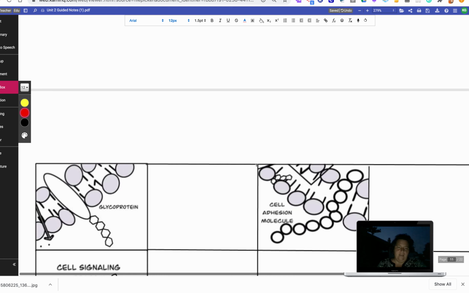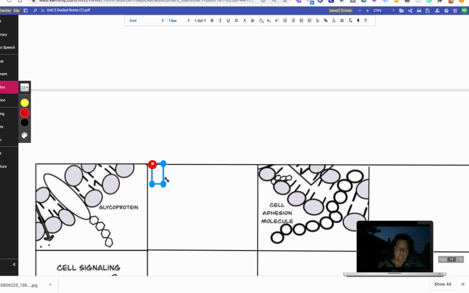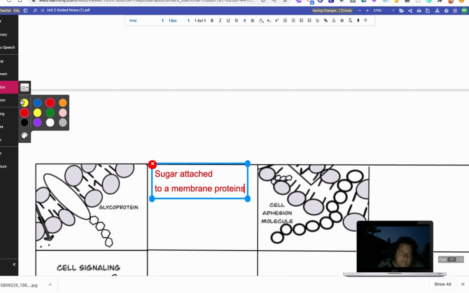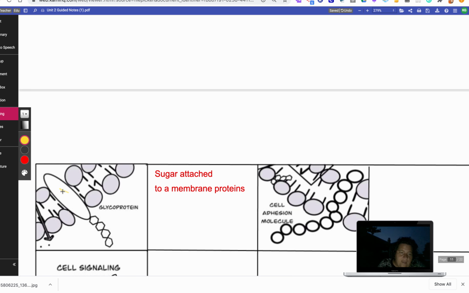All right, glycoprotein. Glycoprotein means there's a sugar attached to a membrane protein. In this case, this is an integral membrane protein because it's going through both sides. You can see that this protein here is going through both sides. And attached to it, we have these sugar molecules.